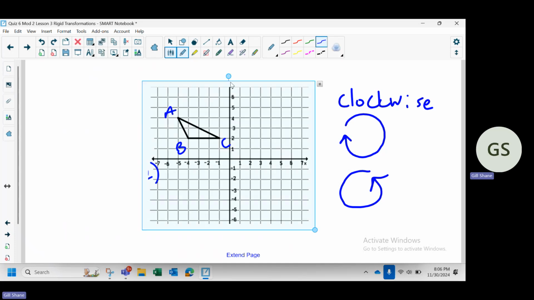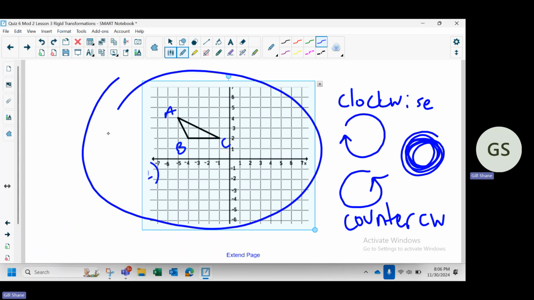So I'm going to take this and I'm going to turn it again. So clockwise is this one up here. So this is counterclockwise. I'm going to abbreviate it. Counter and then clockwise, CW. So I'm going to be turning it around this direction. So keep my finger going. I'm going that way. So that means I'm turning it around this way.